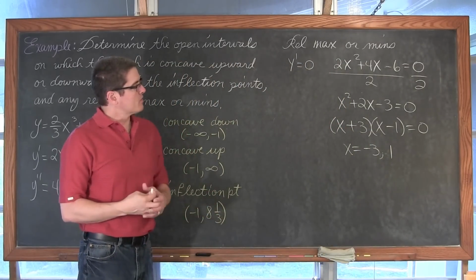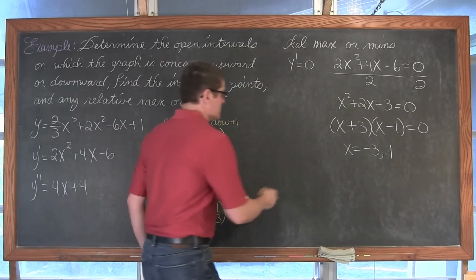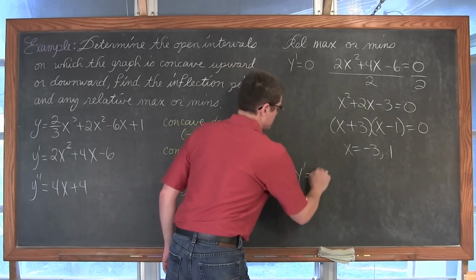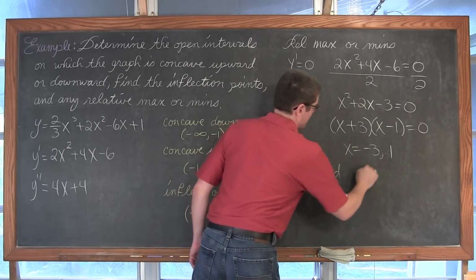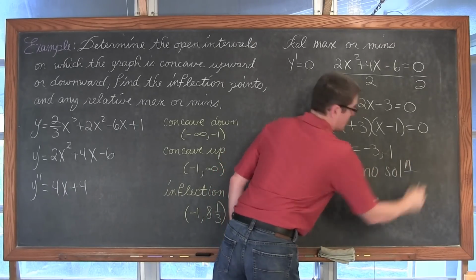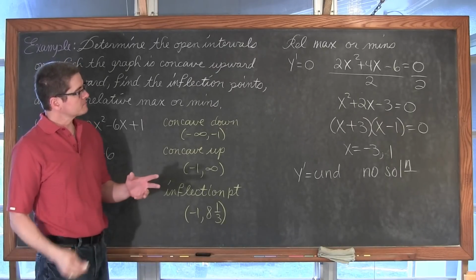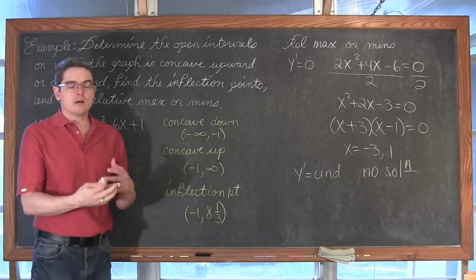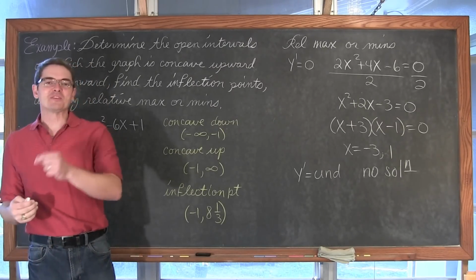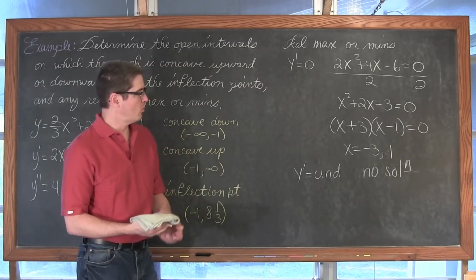Our other critical values would be where the first derivative is undefined, and we have no solution there. So we just need to check for relative mins and maxes at the x values of negative 3 and 1.